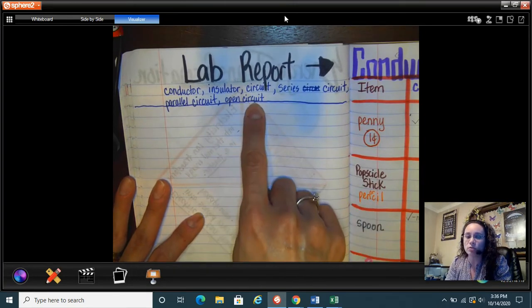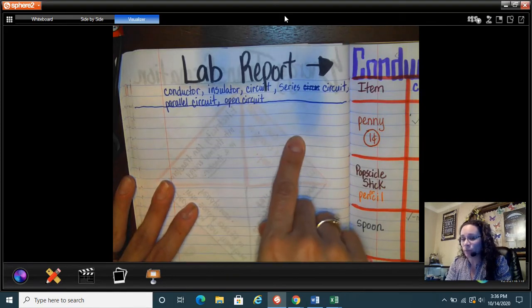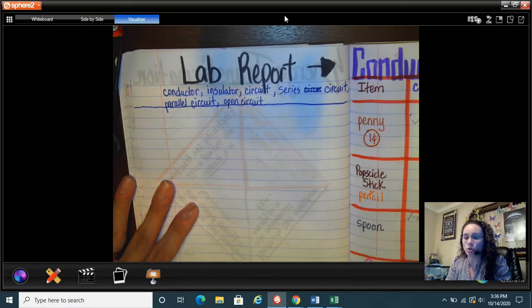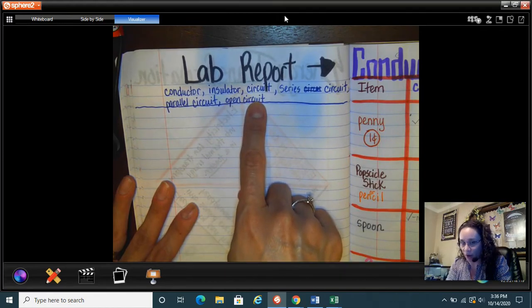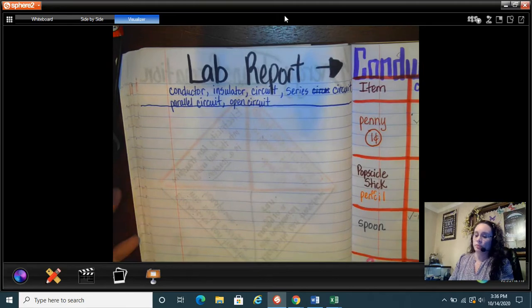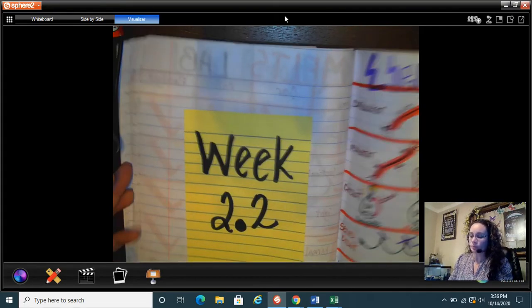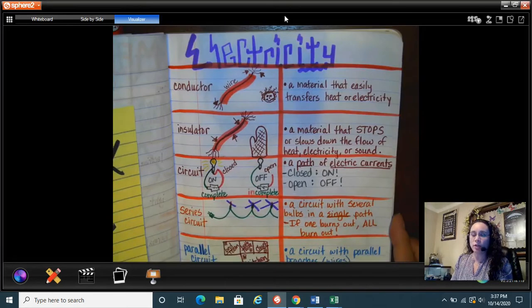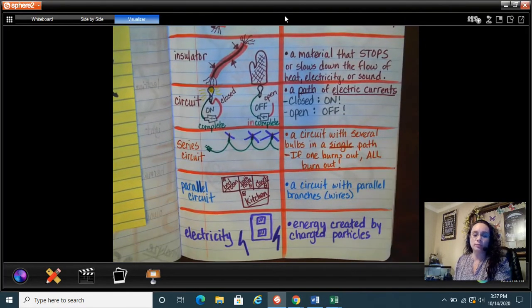So I have to write what I learned, incorporating or including these vocabulary words within my paragraph. Okay. So this is week 2.2 with vocabulary from conductor all the way to electricity.